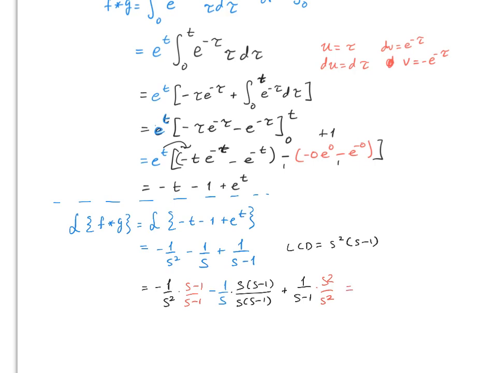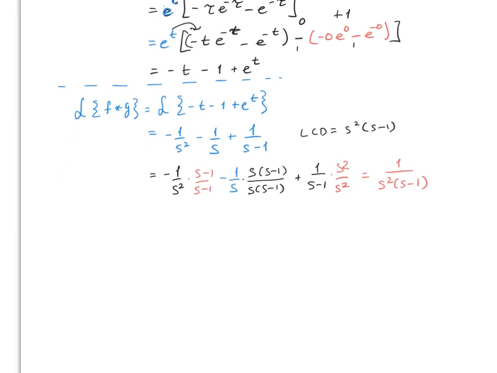And once you simplify everything, then you should definitely check this. This is just basic algebra. This is equals to 1 over s squared times s minus 1. Why is that significant? Well, remember that by definition, this is supposed to be equals to the Laplace transform of f times the Laplace transform of g.